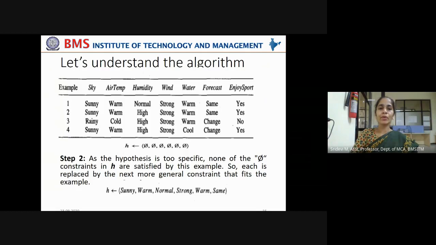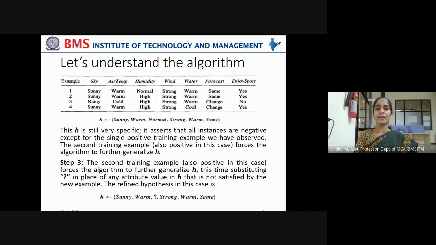How to make it more general? By taking sunny, warm, normal, strong, warm, and same in place of phi. Now you have encountered one instance, that is day 1, and for that day 1 you have made a hypothesis, and the label is yes.